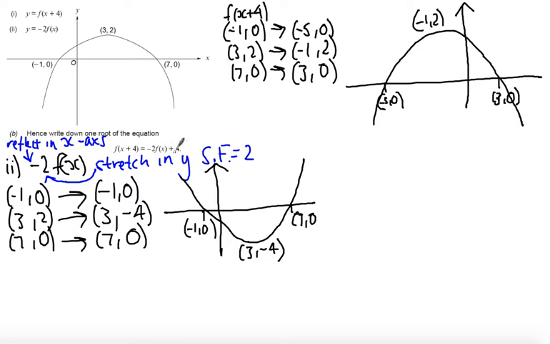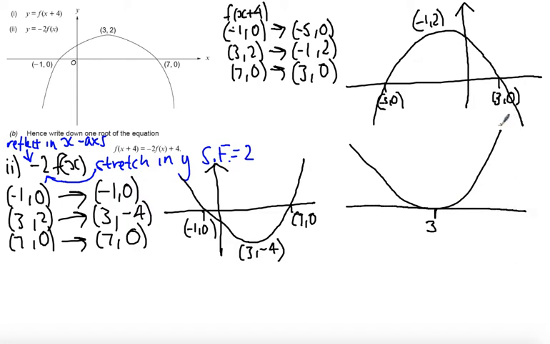So what we're actually saying here is that if I take my -2 f of x and translate it 4 places upwards, what I'm going to end up with is this curve here, where it touches at 3. So just sketching that in here.